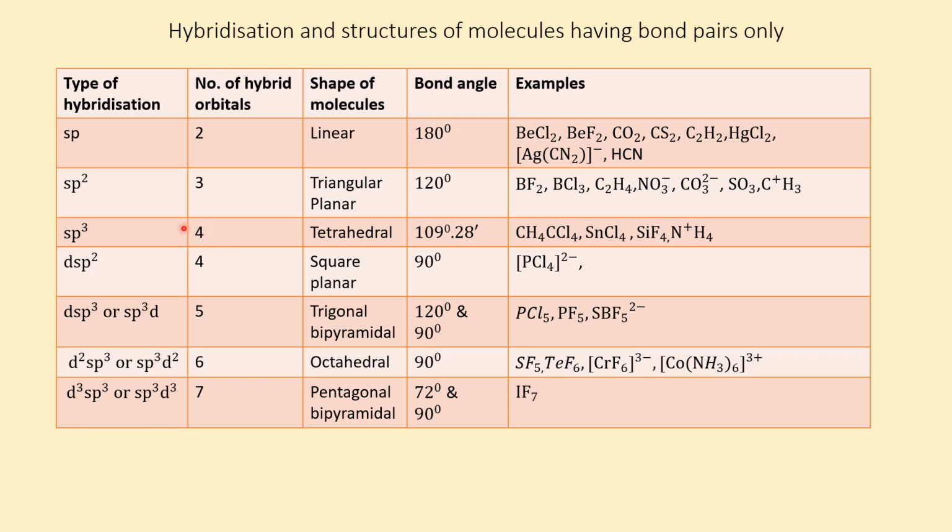The corresponding numbers of orbitals are: for sp it is 2, for sp2 the hybrid orbitals are 3, for sp3 hybrid orbitals are 4. For dsp2 the number of hybrid orbitals is also 4. For dsp3 or sp3d the number of hybrid orbitals is 5.